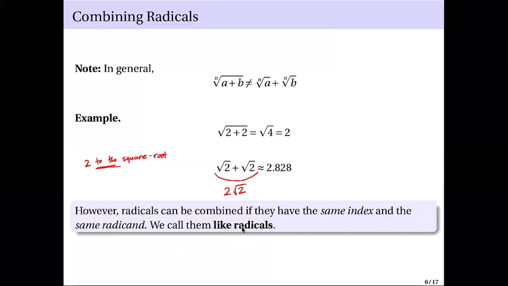But here we read this as square root of 2. But yeah, I understand what you meant. So you have 2 square root of 2. That's the same as square root of 2 plus square root of 2. All right. Thank you. You're welcome. Other questions?